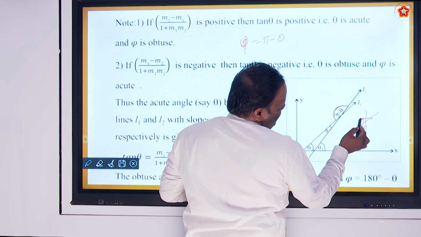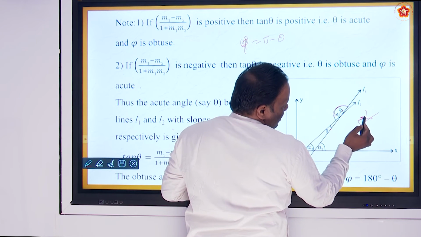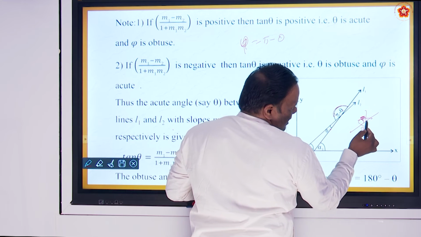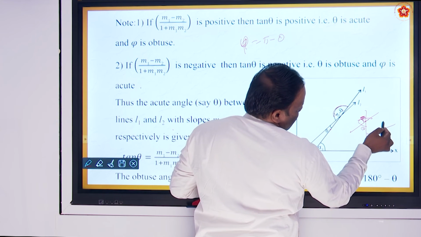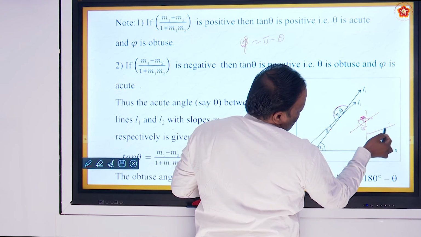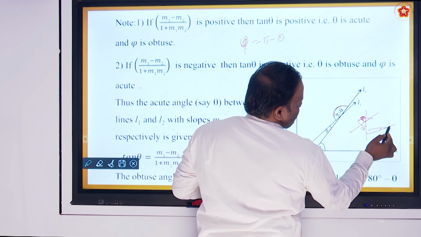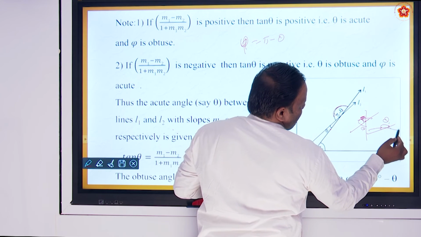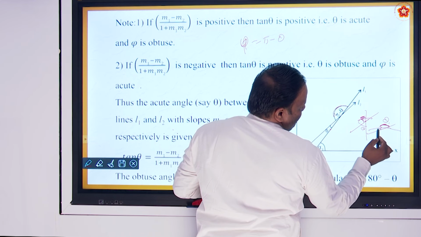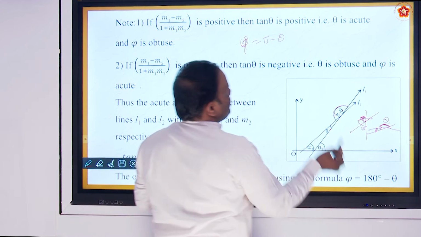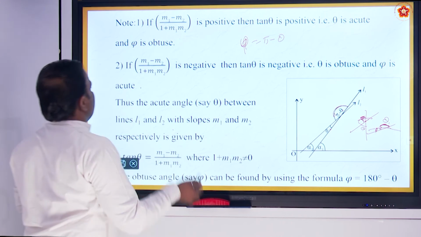Suppose this angle becomes acute, then theta becomes obtuse. I draw it like this. Suppose this angle is theta and it is obtuse, then phi becomes acute. Theta is obtuse, then phi is acute.